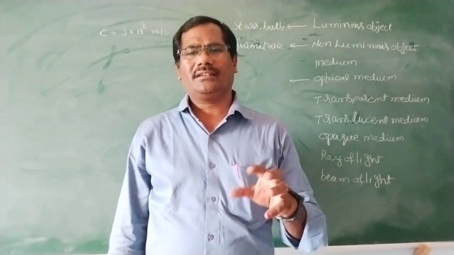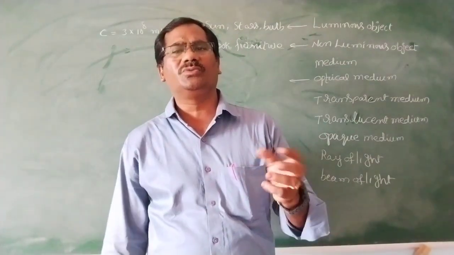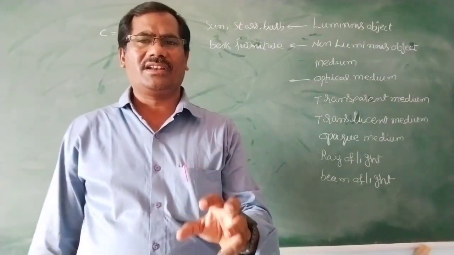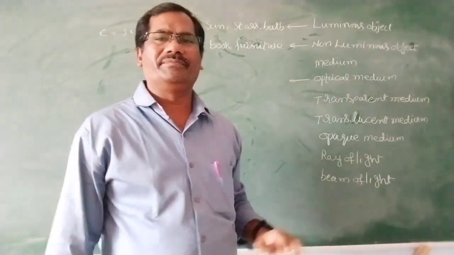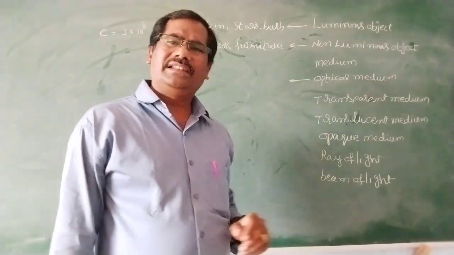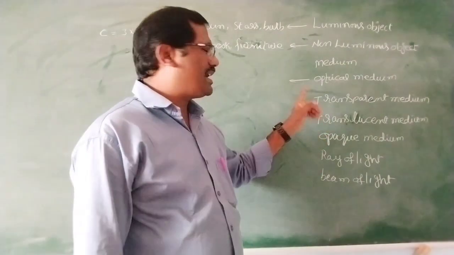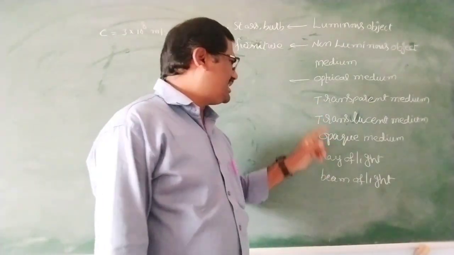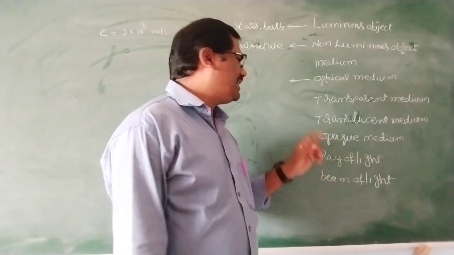Total light or some of the light passes through them. Those substances are known as optical media. Generally, optical media are of three types: transparent medium, translucent medium, and opaque medium.